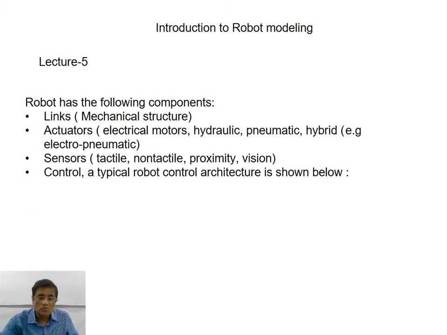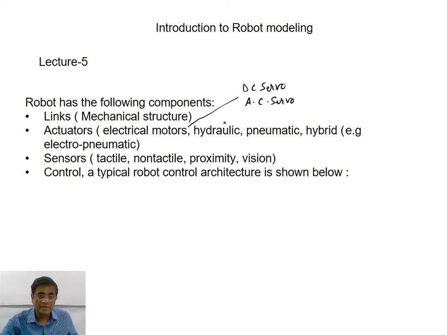Say electrical motor type, and both DC servo and AC servo motors are used. DC servo, and nowadays AC servo motors are also used. We will discuss in detail when we come to actuators.